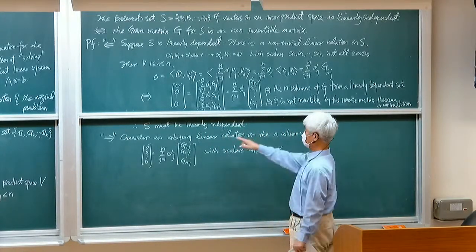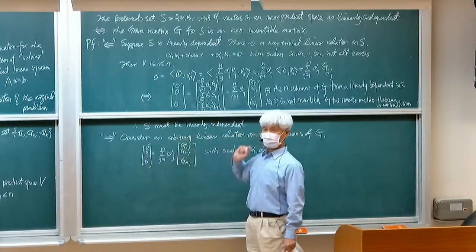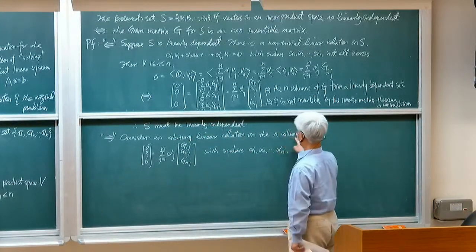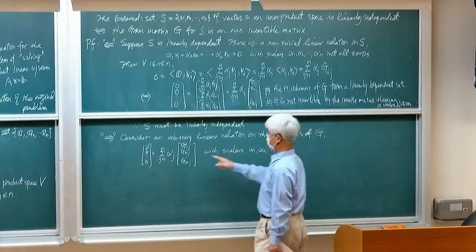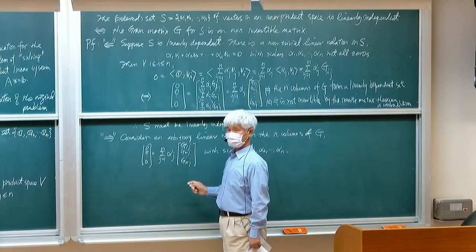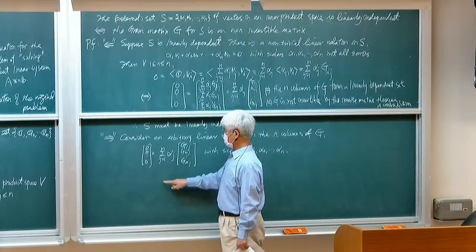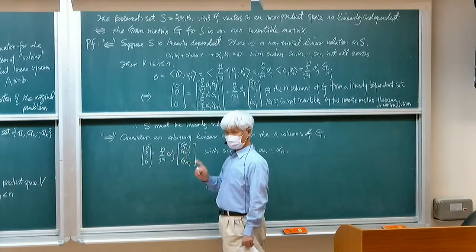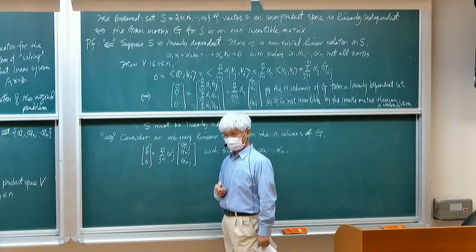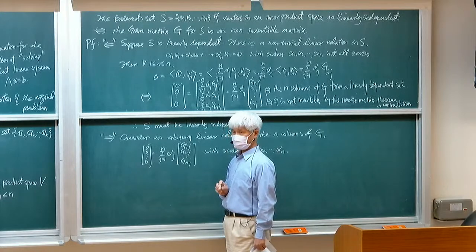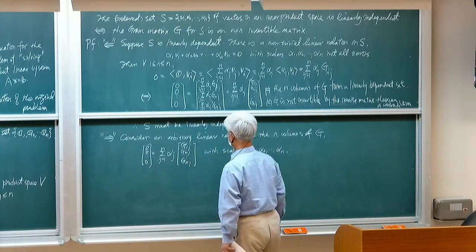Okay, so we consider the arbitrary linear relation. This is a linear relation on the n columns of G. And we want to show that such a linear relation implies all the alpha j should be 0. This is what we want to prove.